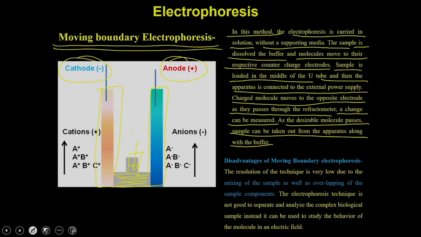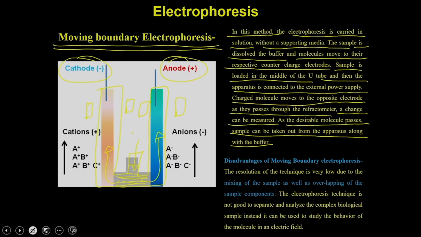What will happen is the positively charged molecules are going to run towards the cathode, whereas the negatively charged molecules are going to move towards the anode, and on the terminal end of these tubings they have put refractometers on both sides. A refractometer is an apparatus which measures the change in the refractive index of a particular solution.